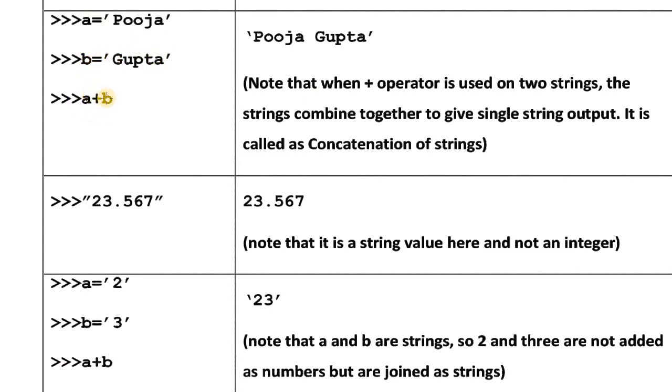B is 'Gupta'. If I write A plus B, I just get an addition of two strings: Puja Gupta. Note that when the plus operator is used on two strings, the strings combine together to give a single string output, and it is called concatenation of strings.